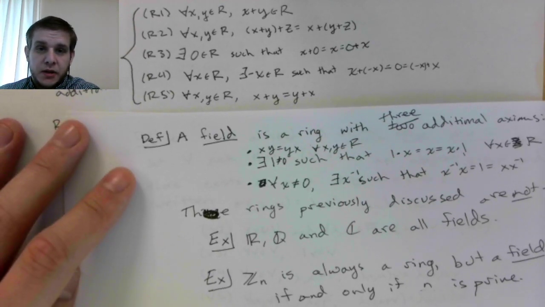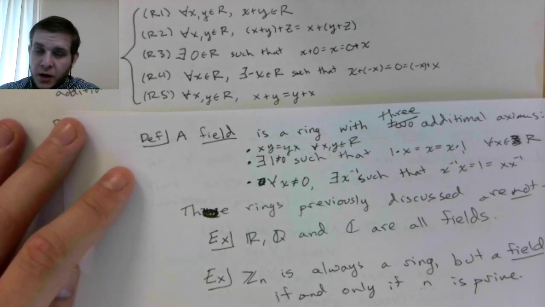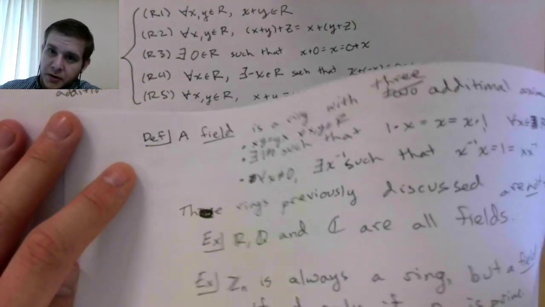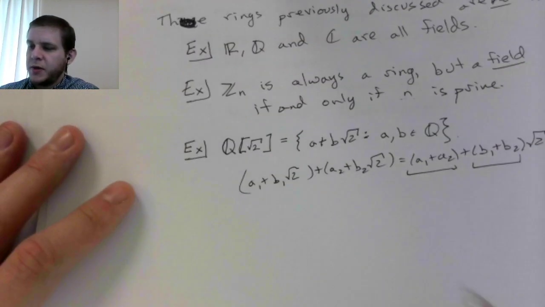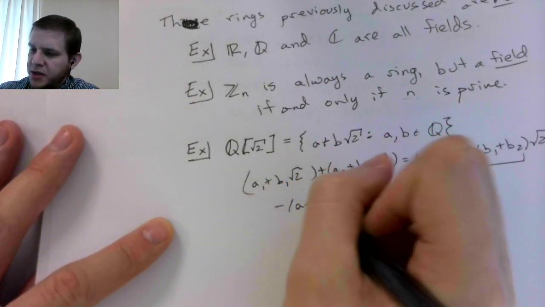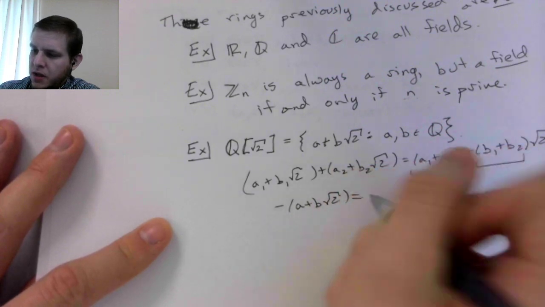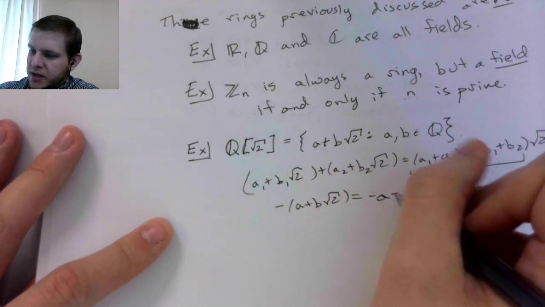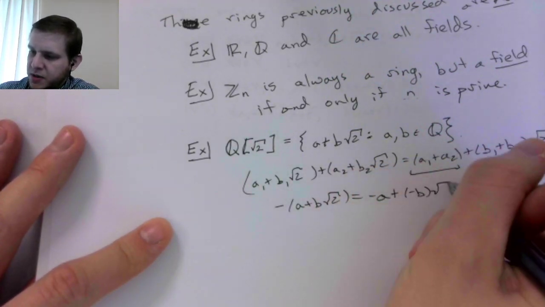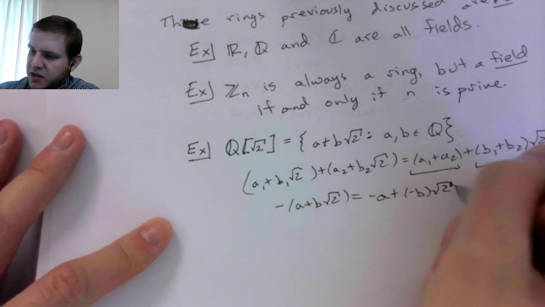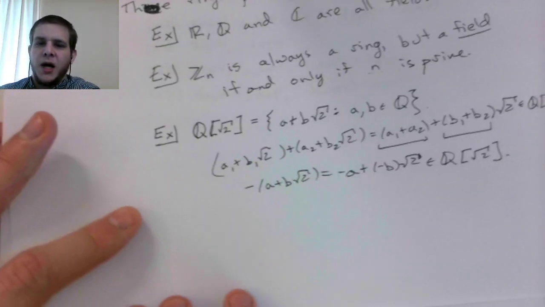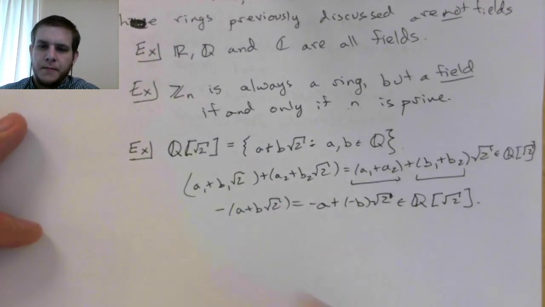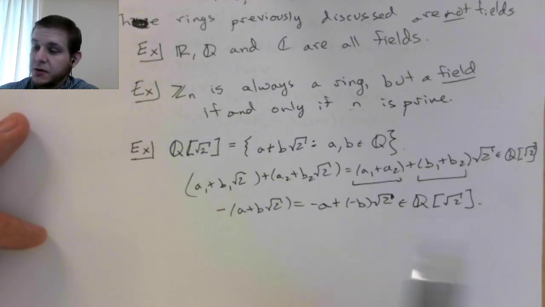And R4 is opposites. So what do we do? Minus a plus b times the square root of 2. It's clear what needs to be done, right? It's minus a minus b times the square root of 2. And this certainly still belongs to my set, Q adjoin the square root of 2.